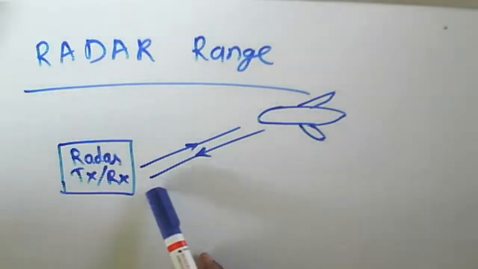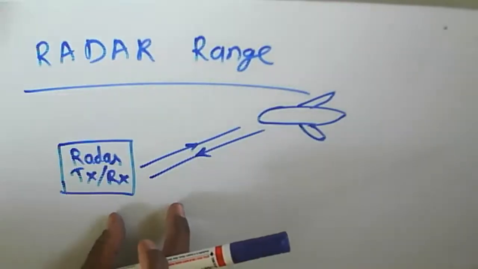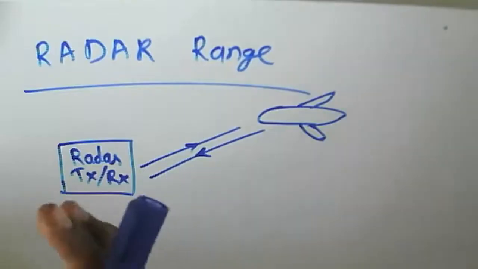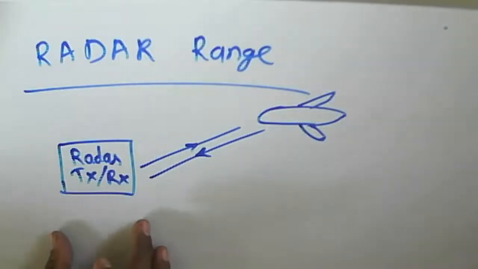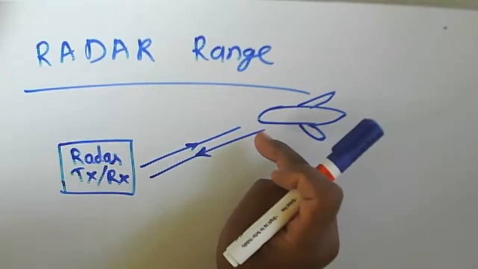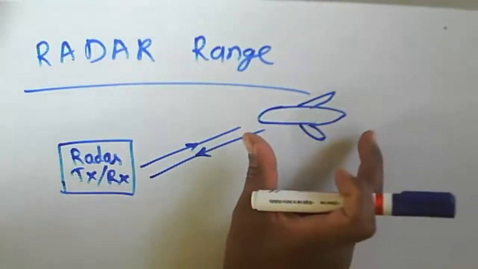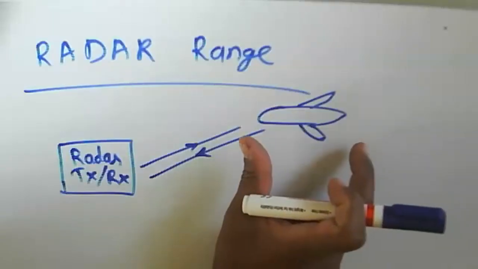For transmitting the pulse, we can use any oscillator or any pulse generator. It will transmit a pulse of whichever frequency we select, and then the pulse will be transmitted. When the transmitted pulse reaches the object, that is interception.